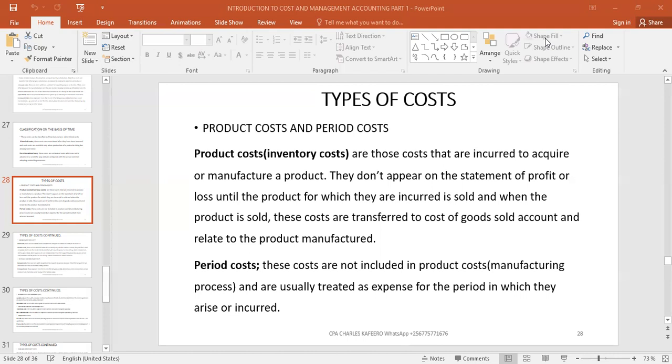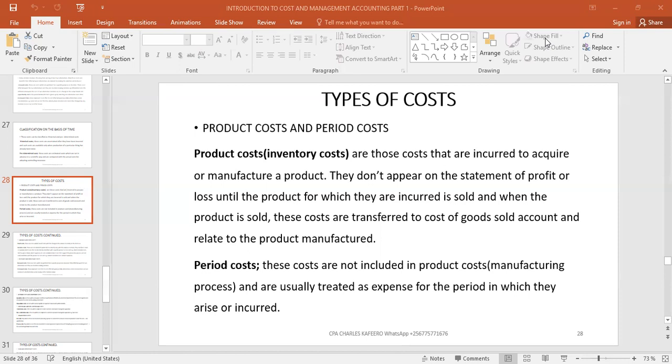Since the company is not dealing in purchases, because when you're determining the cost of sales, it is the opening stock plus purchases minus closing stock. But this time, we are not buying goods from suppliers. We are making our own goods.